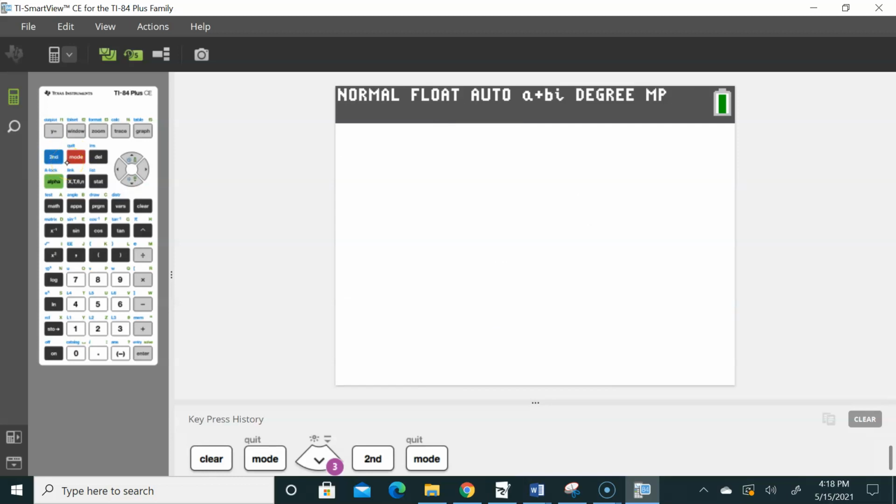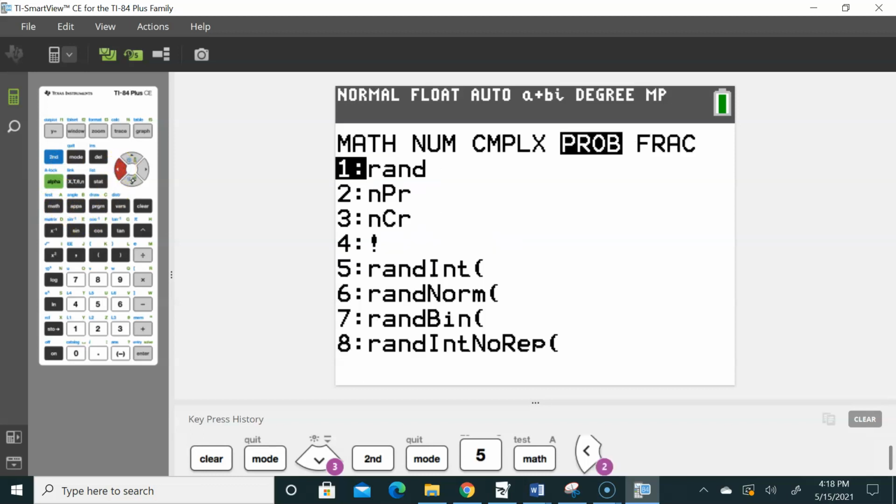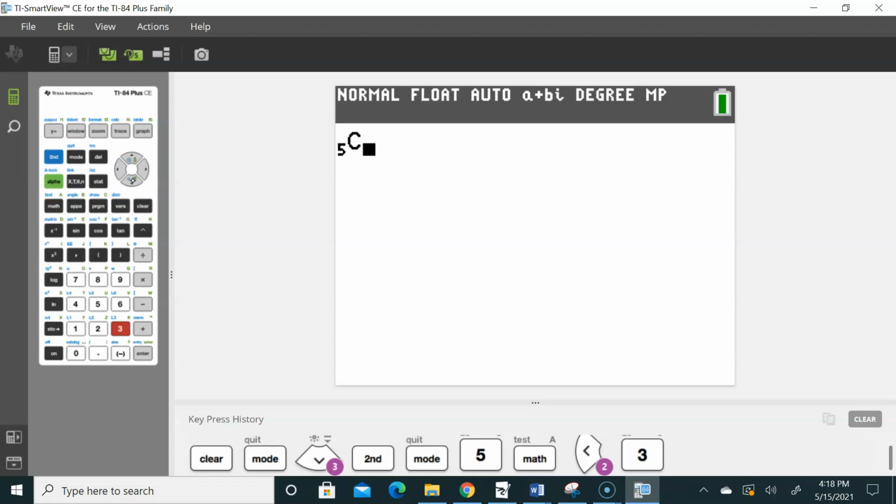So to do the 5th row, I'm going to do 5, math key, move it over to probability, choose the nCr key, and now this is what you have to do. I could do it all at one time instead of doing 0, 1, 2, 3, 4, 5 individually. I have to take the curly brackets, so I have to hit the 2nd key.